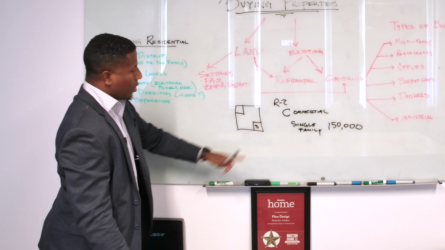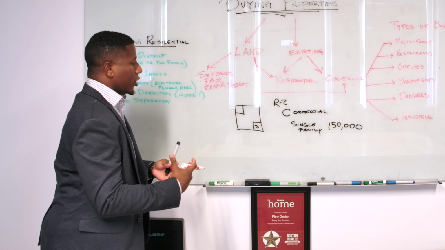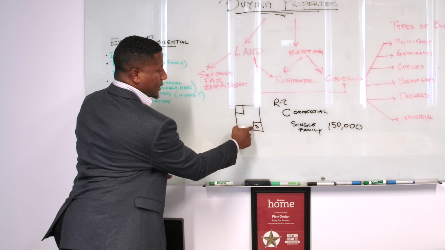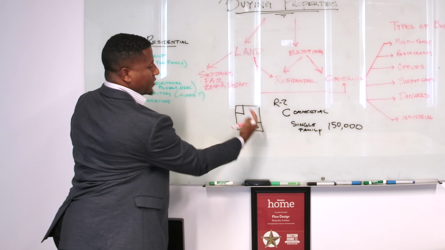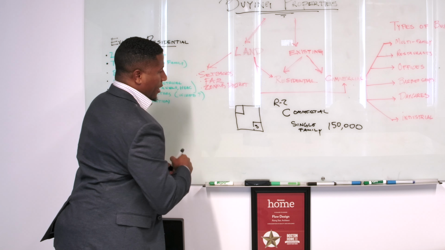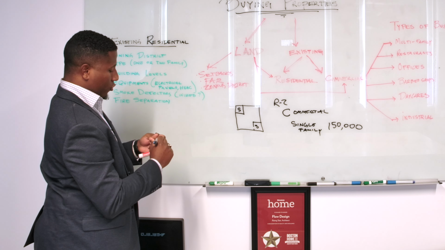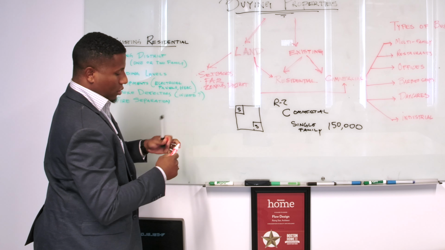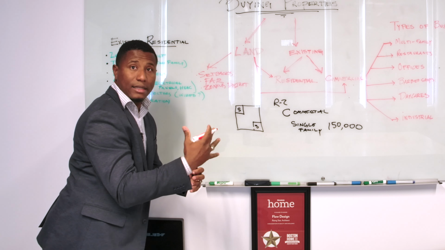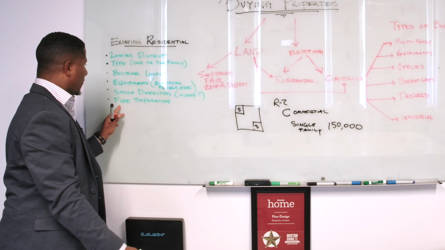These stairs become almost like a common area. Let's say you have a door that accesses your unit, and then you have stairs that go up. These stairs become a common area for both units. So we as designers and you as the owner should understand the concept of fire separation.